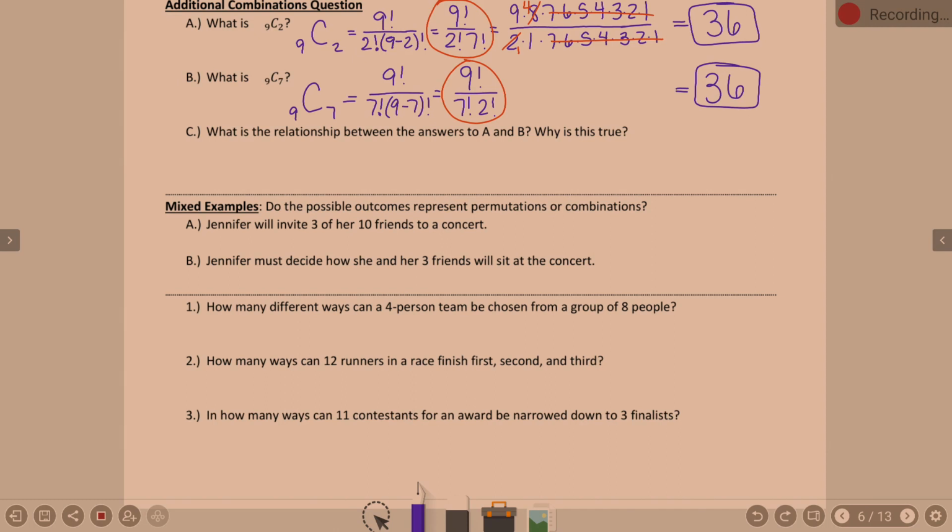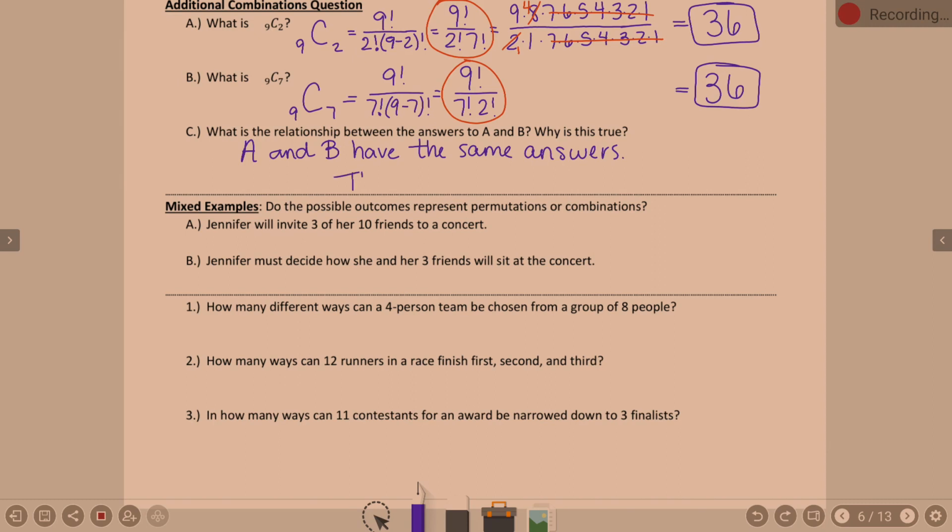Okay, so relationship. A and B have the same answers. And it has to do with how many slots we're picking. Those slots add up to be 9, right? But ultimately their denominators are the same.